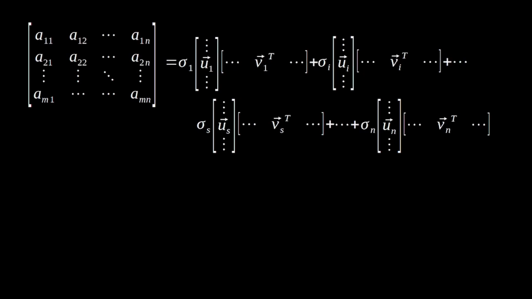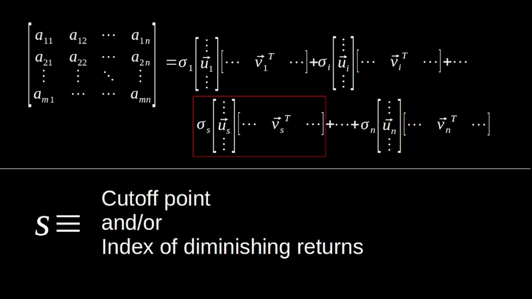So the general idea behind data compression or image compression with the SVD is that if you have some piece of data that is already in the form of a matrix and you can decompose it with SVD, what you could do is find a cutoff point, in this case what I'm denoting with the variable s here, and you basically cut off all the rest of the singular trios involved in this.